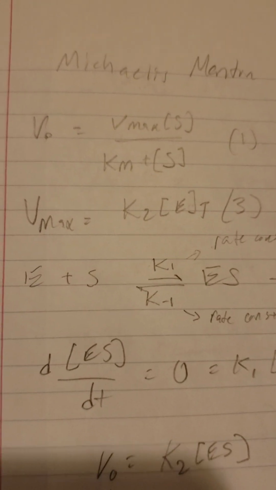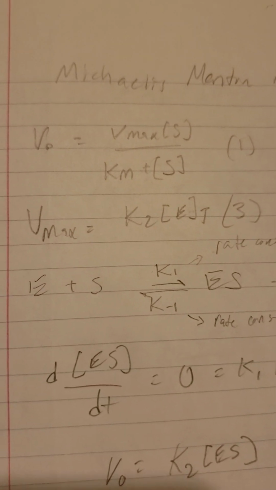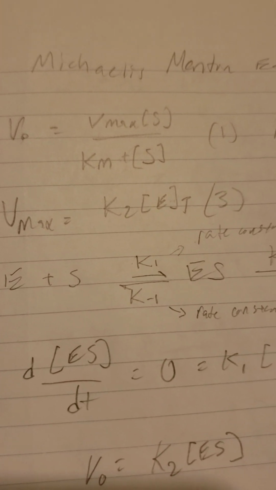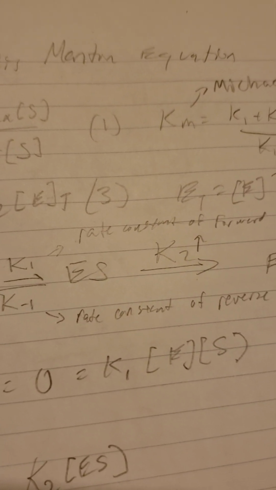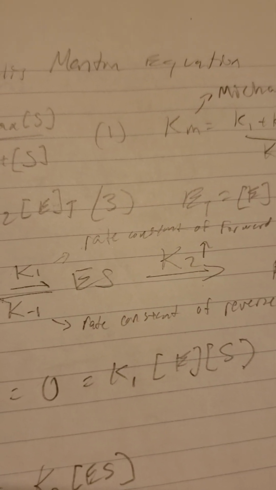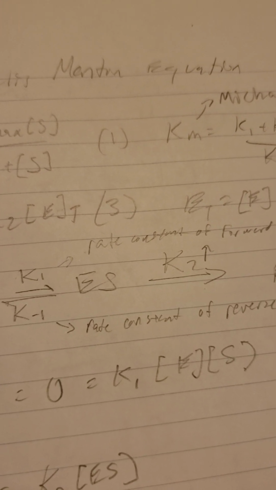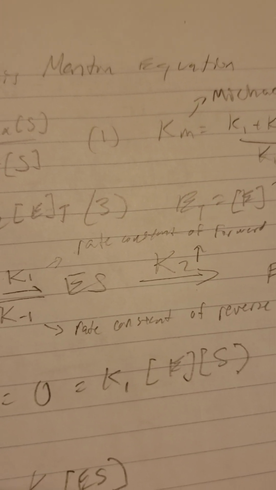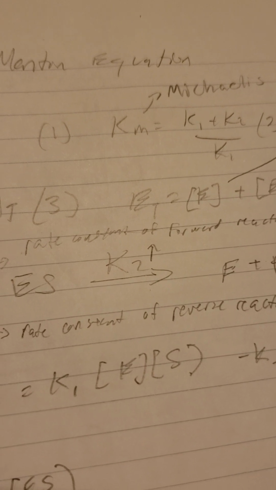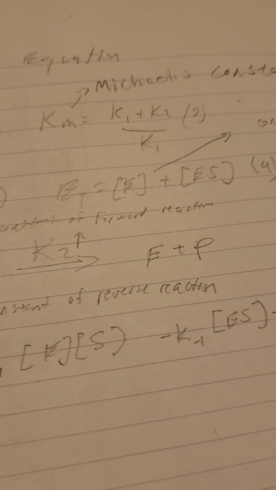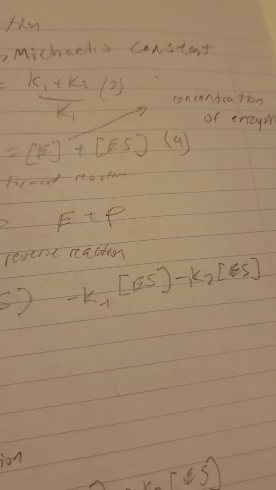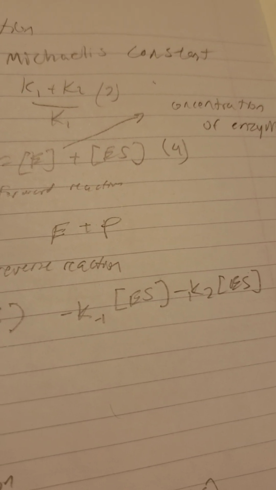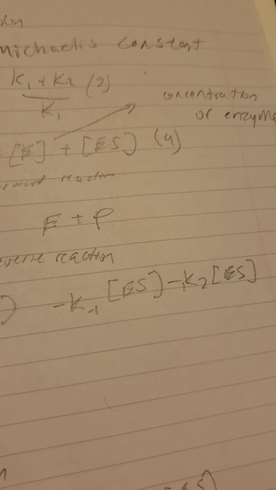So we start off with the instantaneous rate of change for ES, d[ES]/dt, and we set that equal to 0, which we then equal to K1, as we said, the rate constant of the first reaction, times the concentration of the enzyme and the substrate, minus K minus 1 times ES, minus K2 times ES.